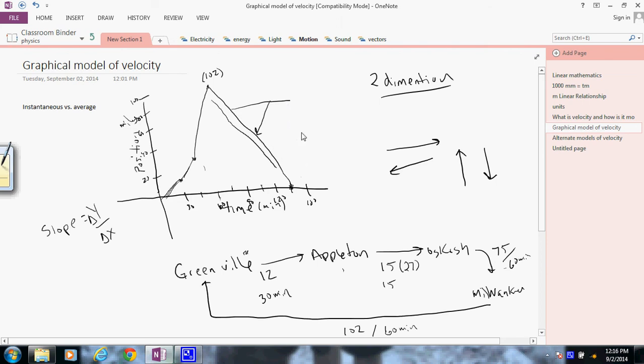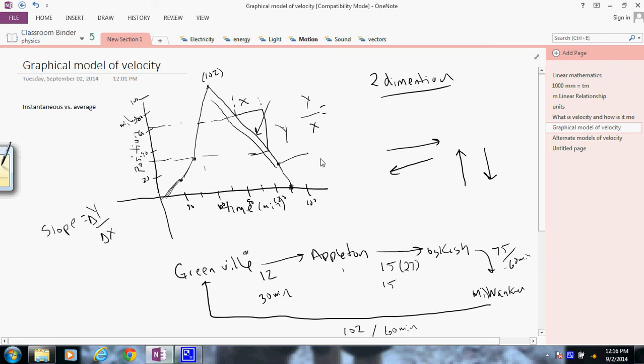Pick out two points, mark out the rise, how much distance traveled. This is my y component, and then from here I can get my time, my x component, and then you take your y component divided by your x component, and this will give you your average velocity over this point.